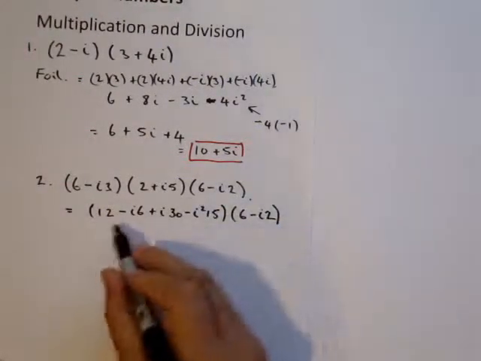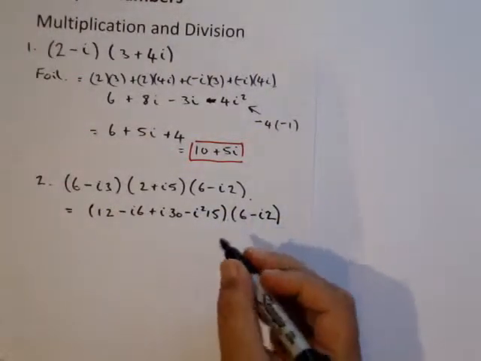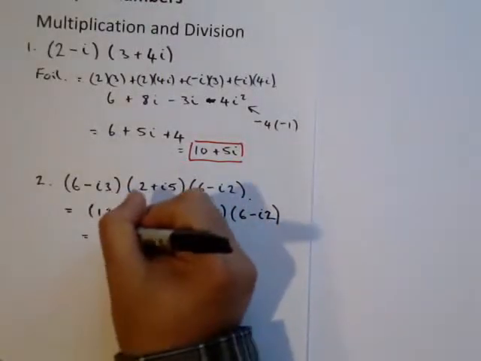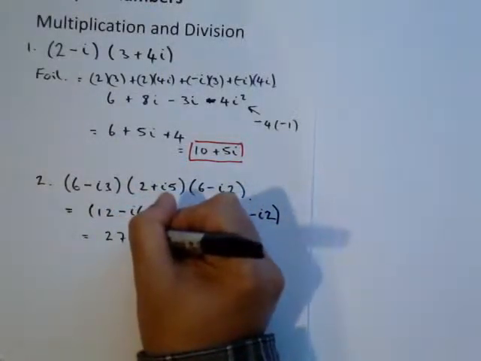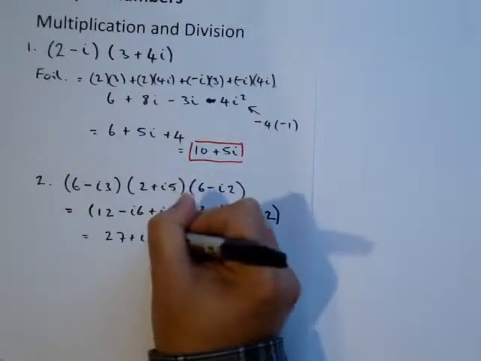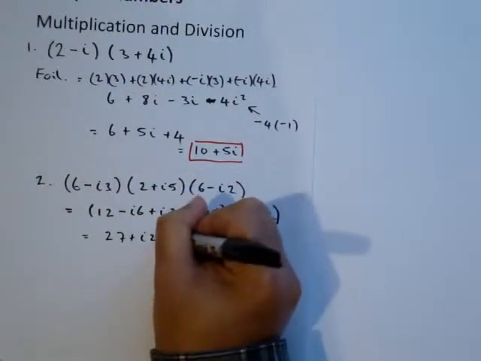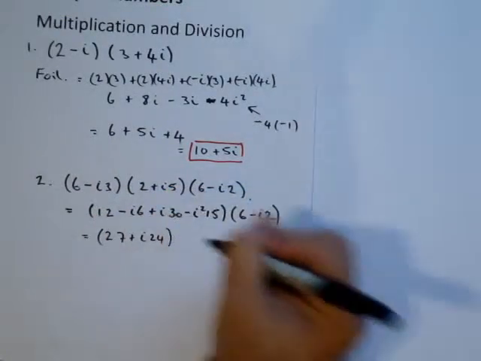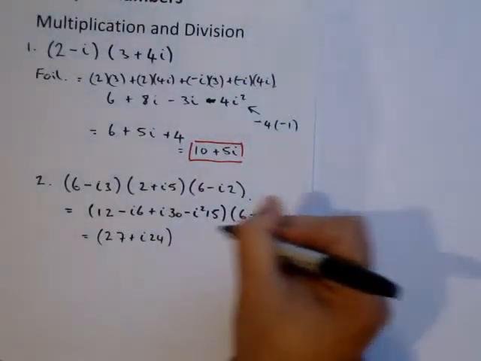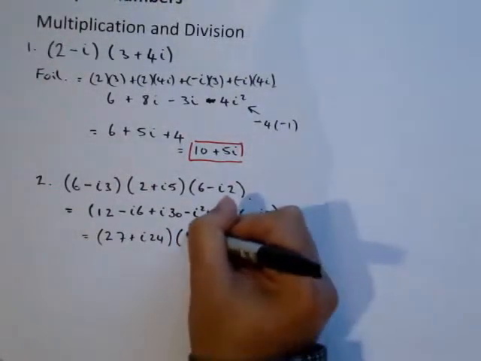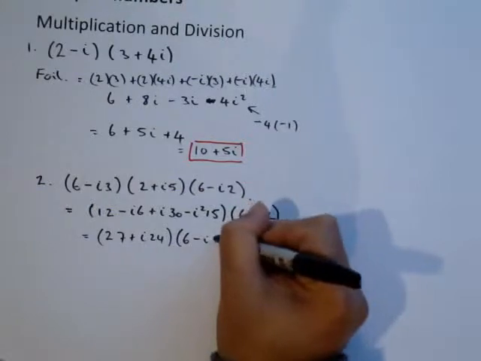Okay, so when we tidy this up, we get 27 plus i24, and then we've got our second bracket there, which is 6 minus i2.